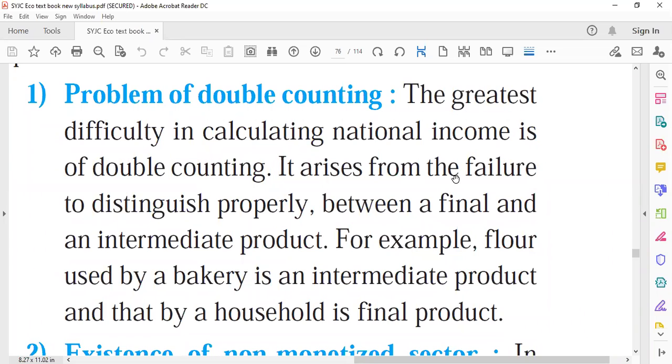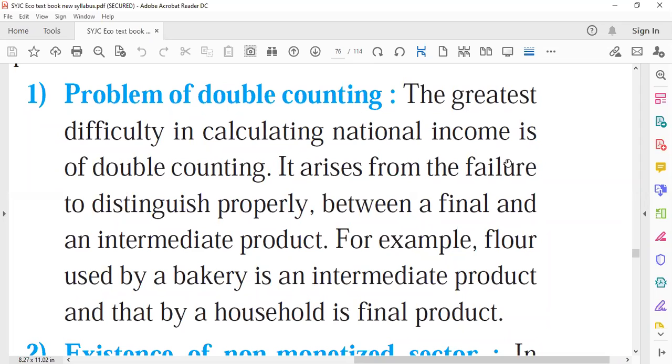To avoid the double counting, as per the theory, what we have to do is calculate the value of final consumption goods only. Because in the value of final consumption goods, the value of intermediate goods is included, and therefore we have to include only the value of final consumption goods.